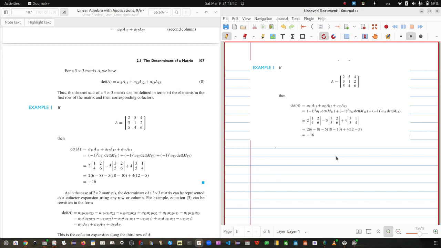So it says determinant of A is A11 times cofactor of A11, and then A12 times cofactor of A12, A13 times cofactor of A13. So if you go through this calculation, just as we did in more detail above, the result is minus 16. So this clearly shows how you are able to get the determinant of a matrix.